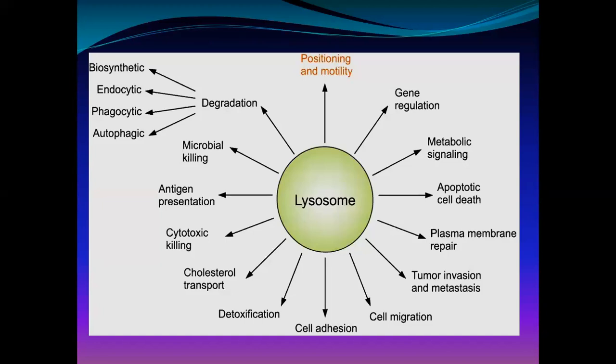Okay, so these are the various functions of lysosome: gene regulation, metabolic signaling, apoptotic cell death, plasma membrane repair, tumor invasion and metastasis, cell migration, cell adhesion, detoxification, cholesterol transport, cytotoxic killing, antigen presentation, microbial killing. All these degradation pathways can be biosynthetic, endocytic, phagocytic, autophagic. All these are important functions of the lysosome.